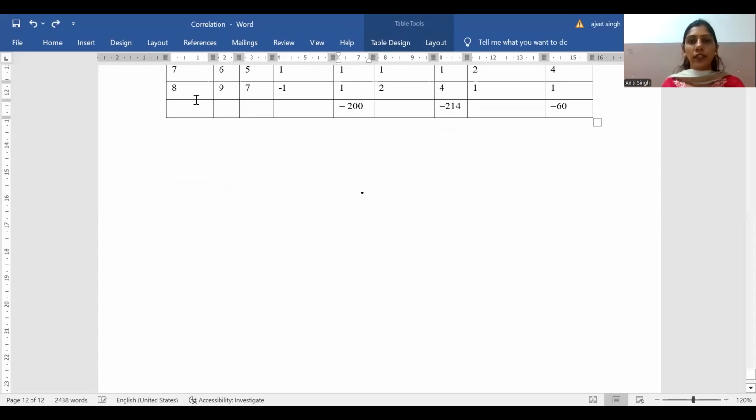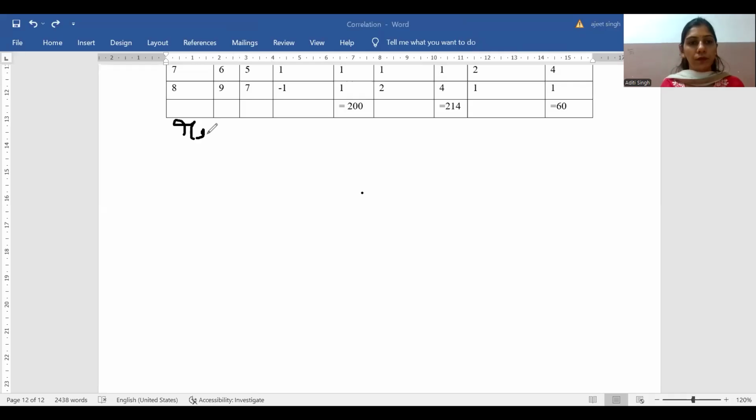So let's first write the formula. R is equal to 1 minus 6 sigma d square divided by n bracket n square minus 1.